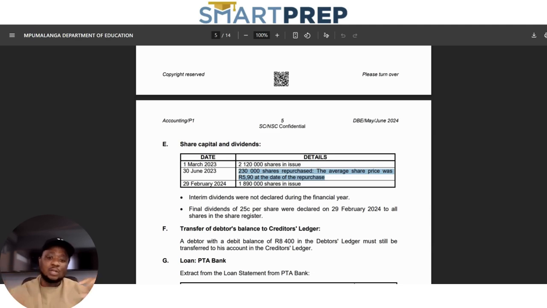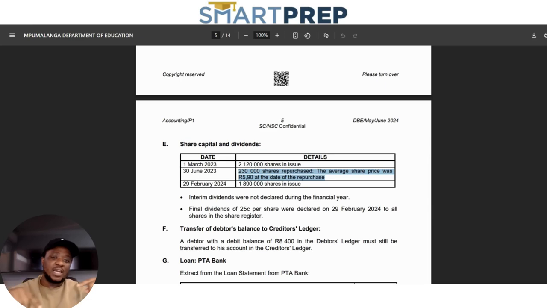Now, it says that we must transfer that account to the creditor's ledger. This can happen in a situation like this: you can see here that this person is in the debtor's ledger and they're also in the creditor's ledger at the same time. So maybe you buy on credit from someone and they also buy on credit from you. Sometimes you deal with them as a debtor, sometimes as a creditor. So we're going to take this 8,400 that they owe and use it to offset against the amount that we owe them.